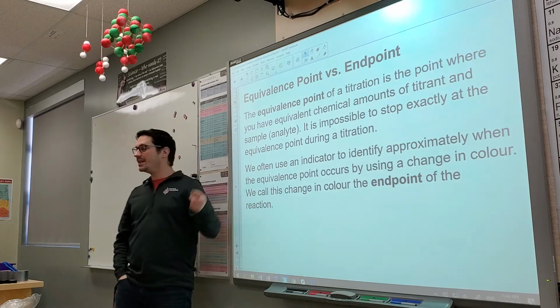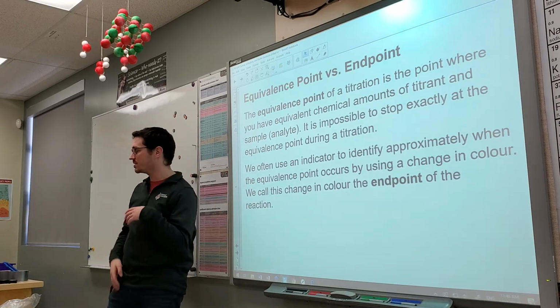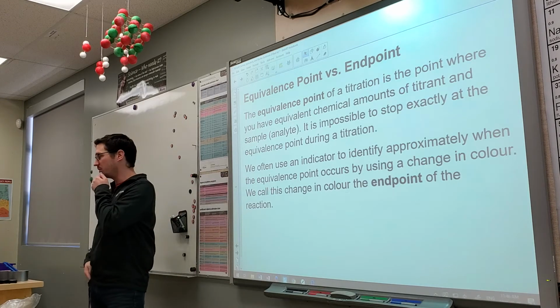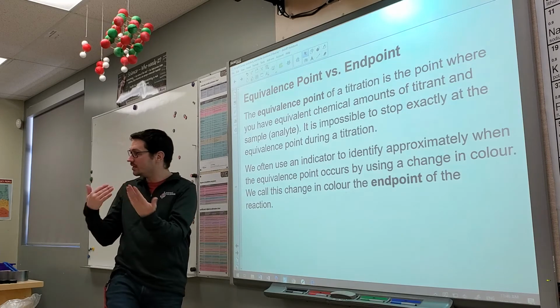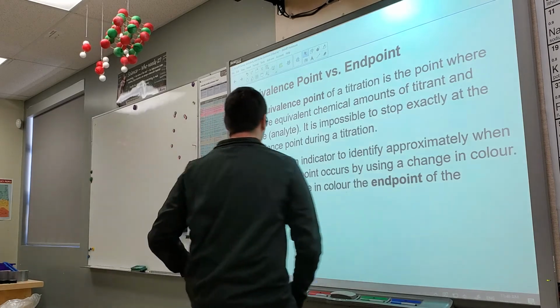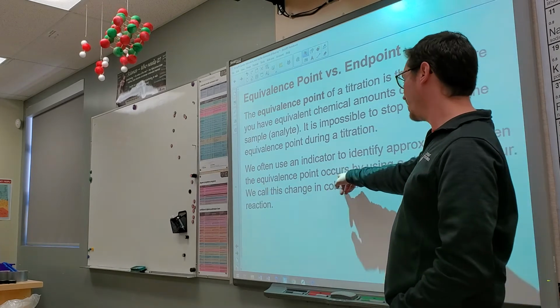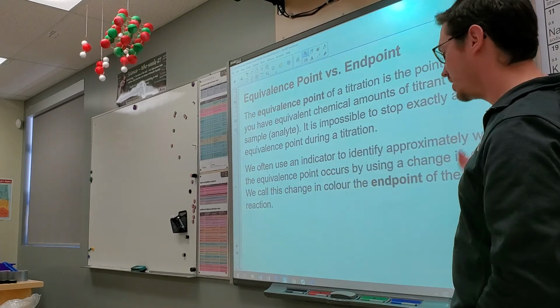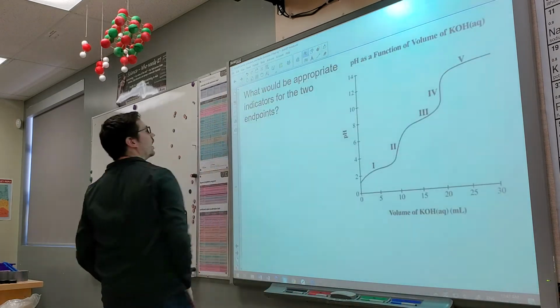So we often use an indicator to indicate when the equivalence point happens. But you can't stop on an equivalence point. You can stop at an endpoint because you see the change in indicator. So we use an indicator to identify approximately when the equivalence point happens by using a change in color. We call this change the endpoint, okay?